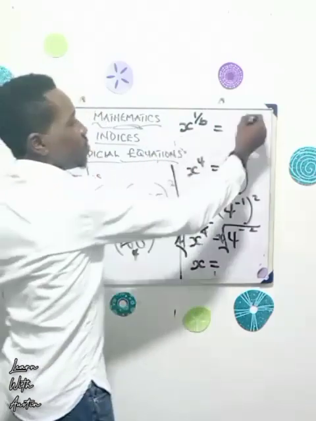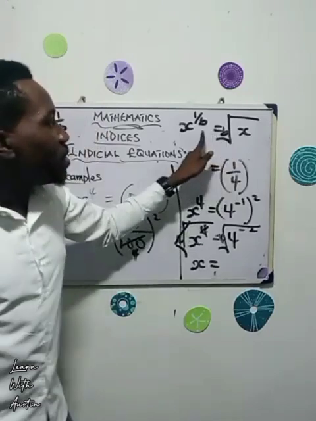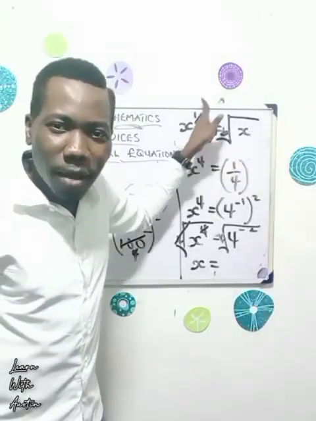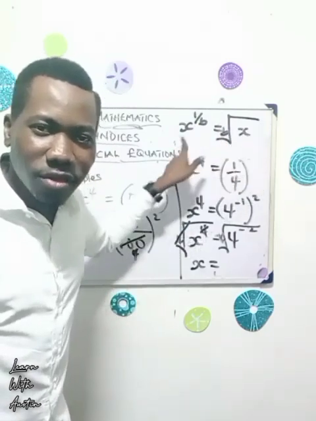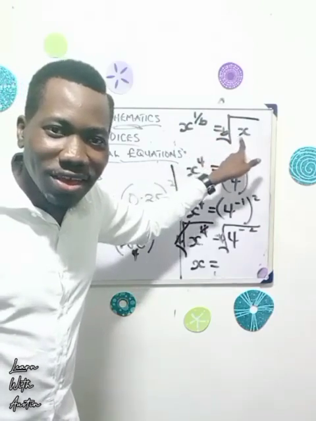So this will be written as the bth root of x, so that the bth root of x can be expressed as x raised to the power of 1 over b. So if you have the square root of x, it can be written as x raised to the power of 1 over 2.